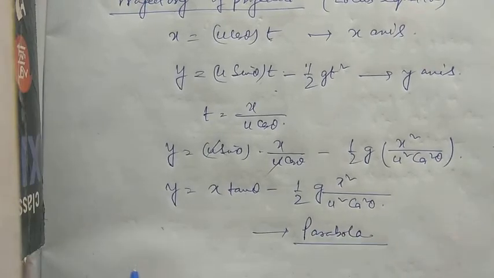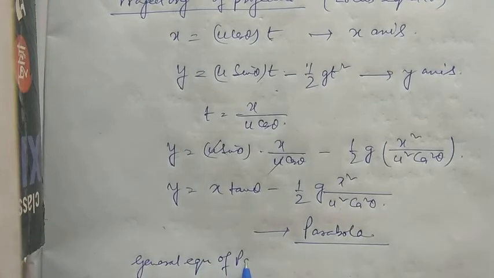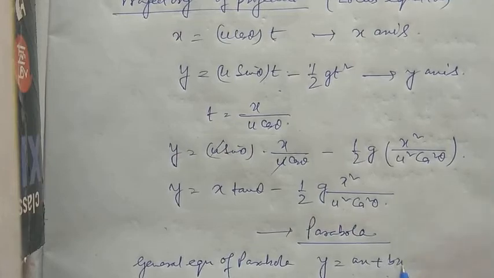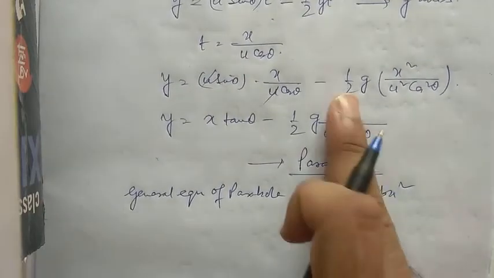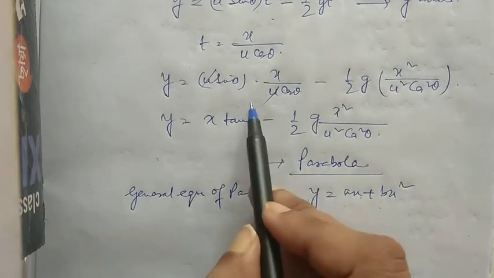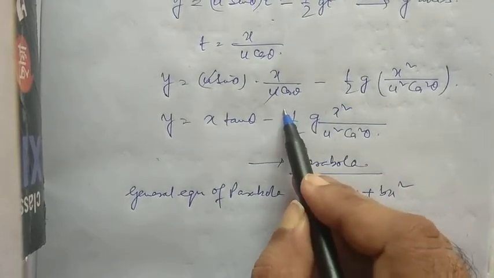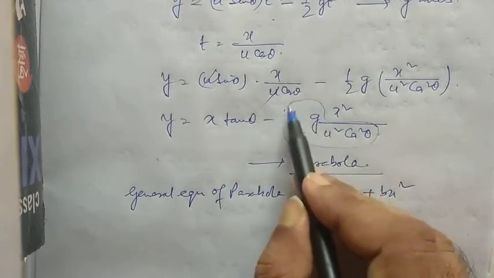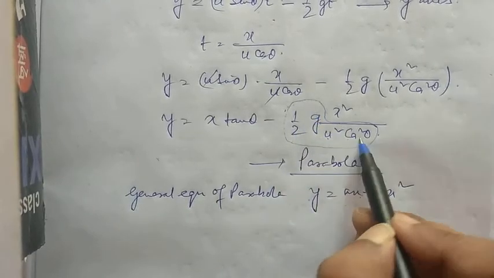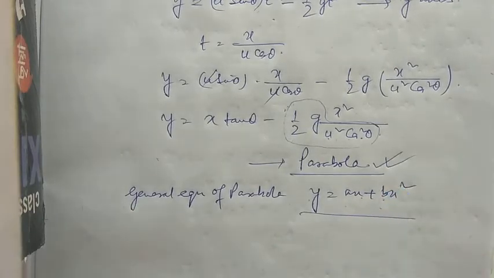The general equation of a parabola is y is equal to ax plus bx square. Comparing this with this equation, a is a constant term, that is tan theta, and the x square term has half g by u square cos square theta as b. So this is the equation of a parabola.